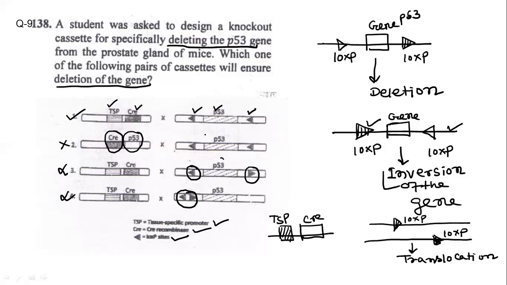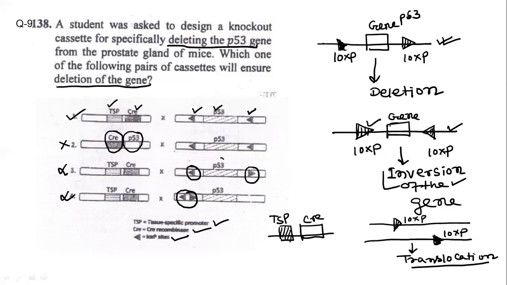So for gene deletion in a knockout experiment, you must put the target gene between the LoxP sites, and the LoxP sites should be in the same direction. Same direction leads to deletion, opposite direction leads to inversion, and LoxP sites in different locations lead to translocation.